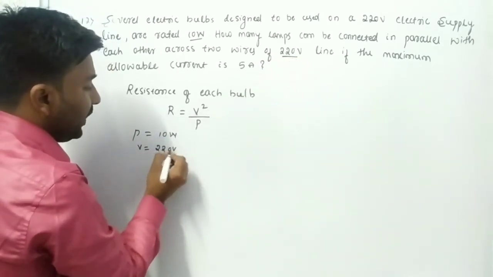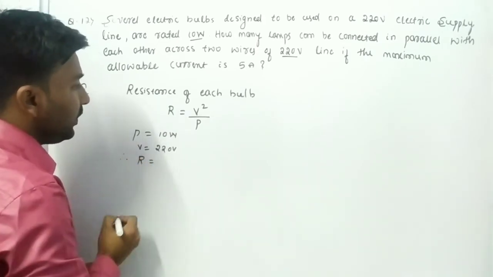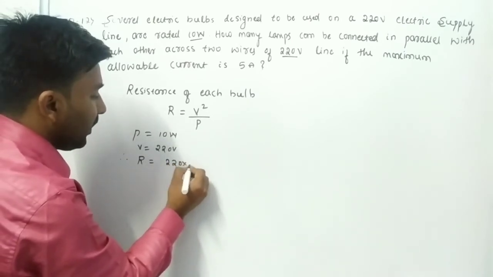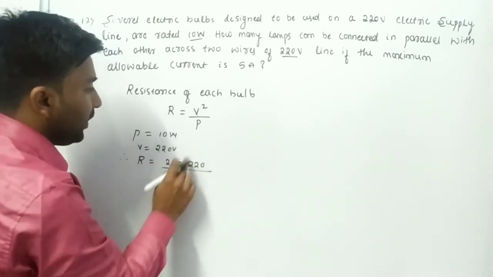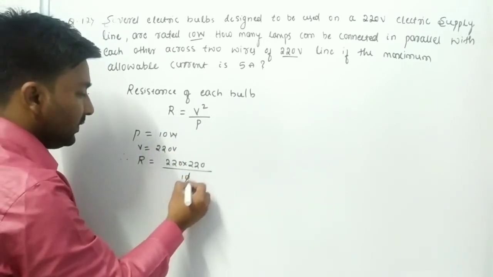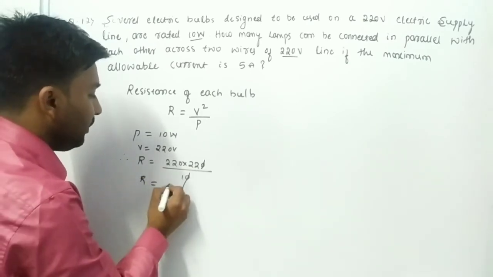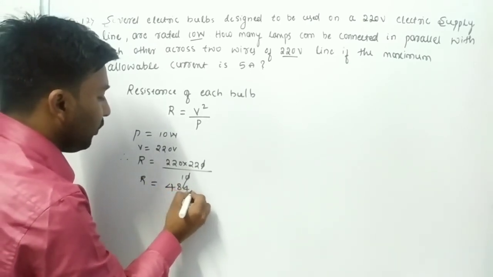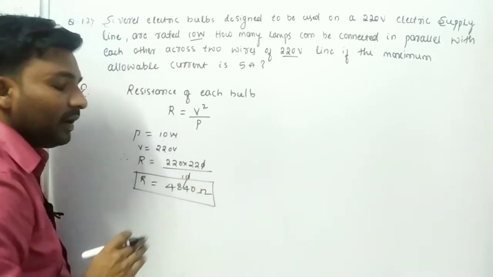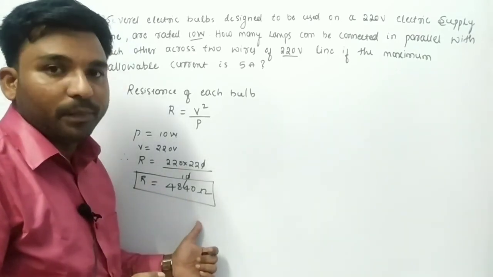Therefore resistance is equal to 220 into 220 divided by power, it is 10 watt. 0 and 0 both get cancelled. Therefore R is equal to 4840 ohm. So the resistance of each bulb is 4840 ohm, right?